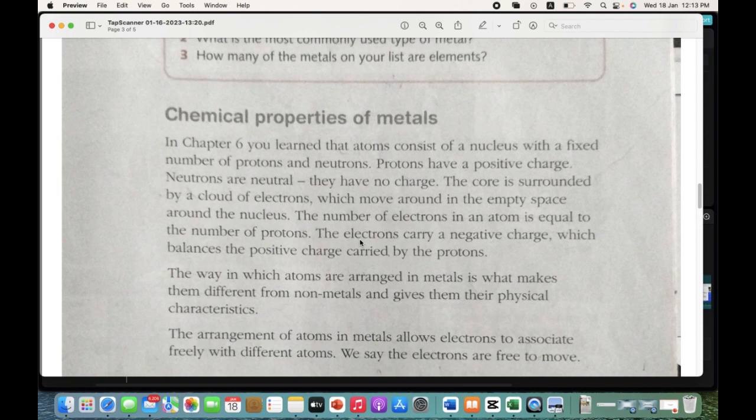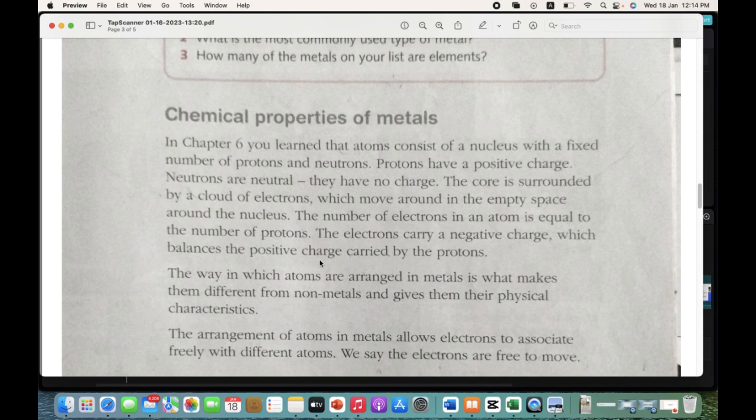So the core is surrounded by a cloud of electrons which are negatively charged and which move around in the empty space around the nucleus of the atom. Now the number of electrons in an atom is equal to the number of protons. That's why we say an atom is electrically neutral.